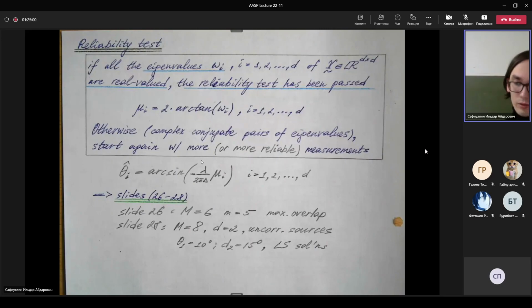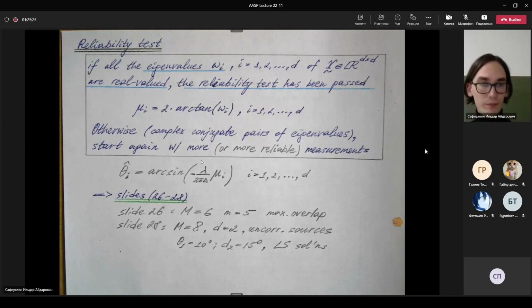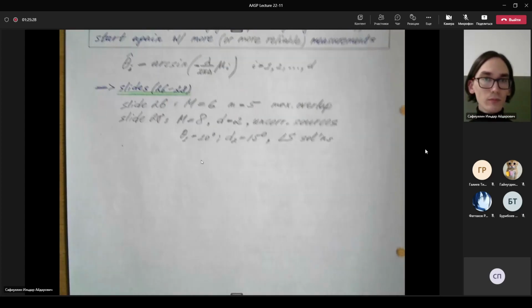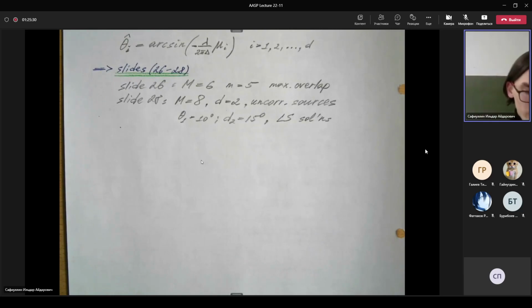So we end with some summary for the unitary ESPRIT 1D case, but now I need to introduce the structured least squares solution. So let's write structured least squares solution.